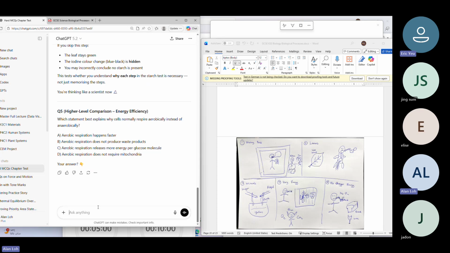Aerobic respiration does not produce waste products. Okay, anyone object? Drawer 5 and answer B. Elise, do you agree? I don't know. Jaden, do you agree? Shren, do you agree?